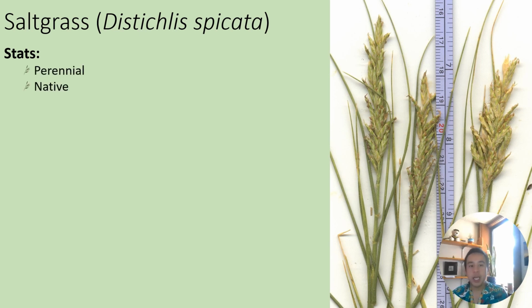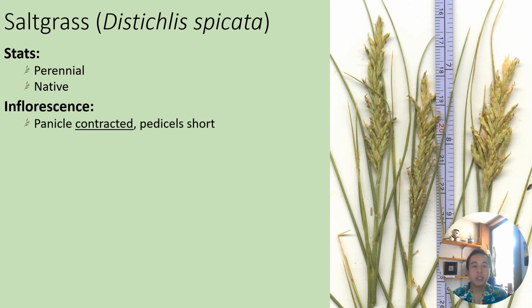It's considered a perennial native grass, and its inflorescence is panicled and contracted, which means it gets appressed up against the panicle axis, and it has really short pedicels. So you can see it going up in this contracted way.